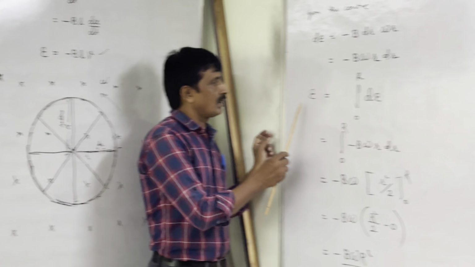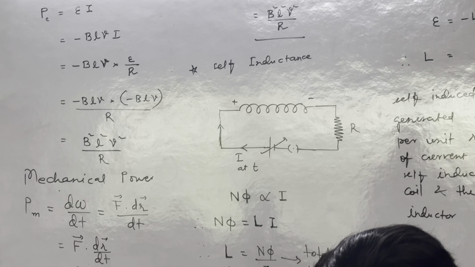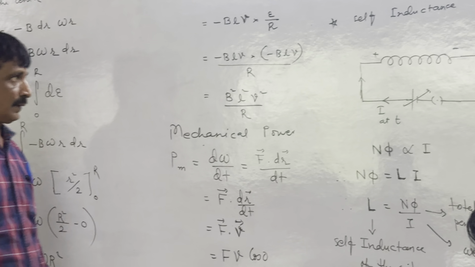It is F dot dr by dt, so F dot V, where F is the force applied by the agent. It is exactly equal in magnitude to ILB. So ILBV is the same. Here also I is replaced by E by R, and E is BLV by R in magnitude. Multiplying by LBV, we get B square L square V square by R. So mechanical power equals electrical power. Whatever mechanical power is supplied is converted into electrical power.